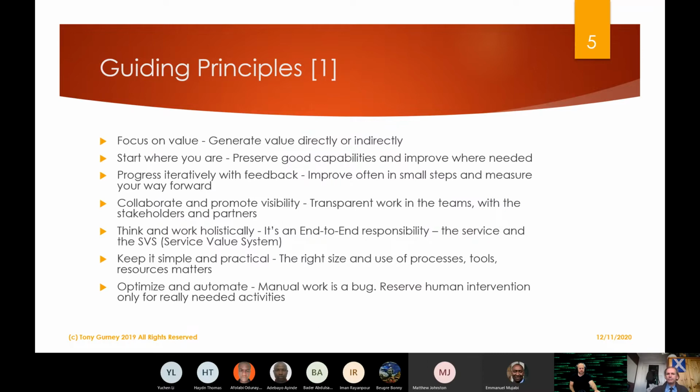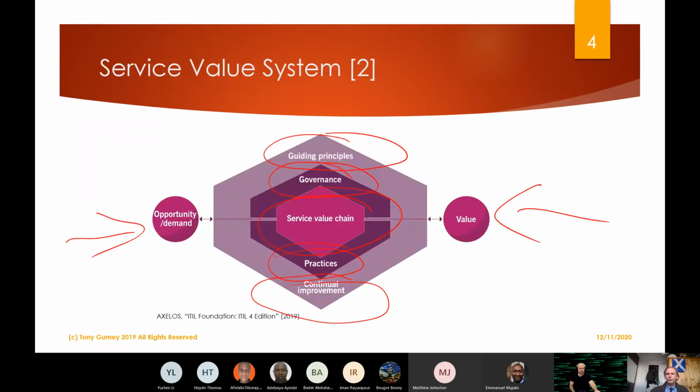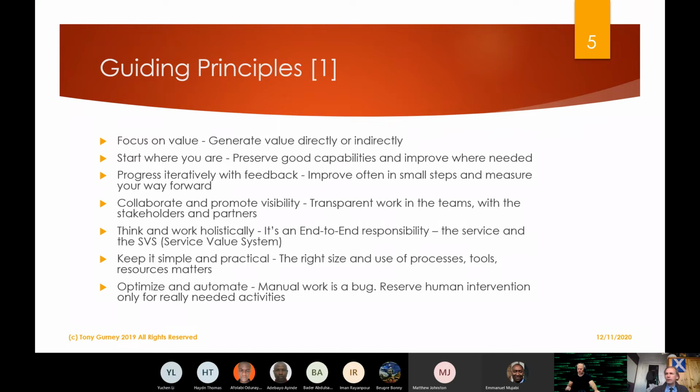So in detail then, we've got our guiding principles up here. What are our guiding principles for anything that we do in an organization? Well, that's up to the organization. But as far as ITIL are concerned, you need value. Now, value does not always equate to cost.